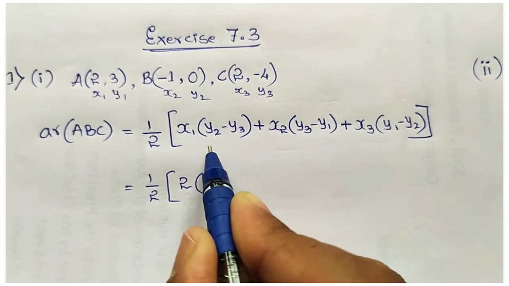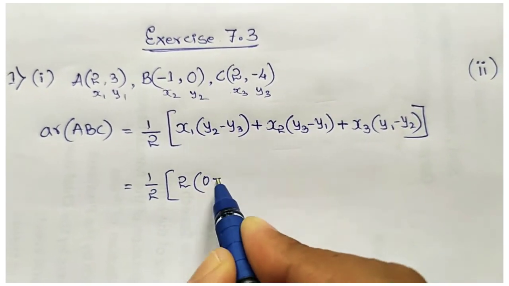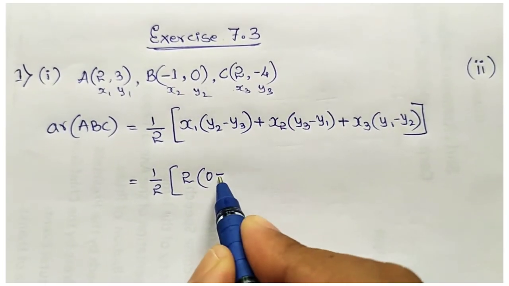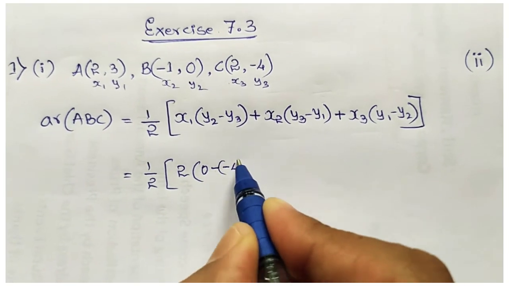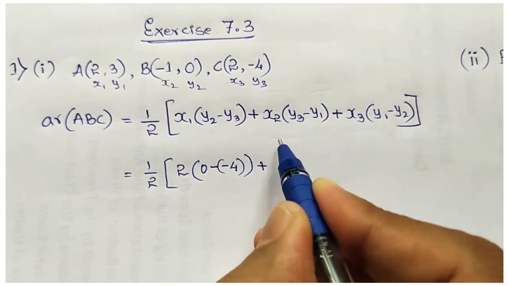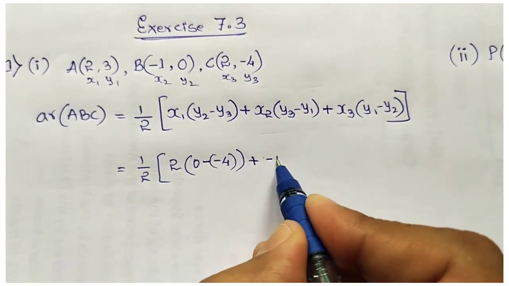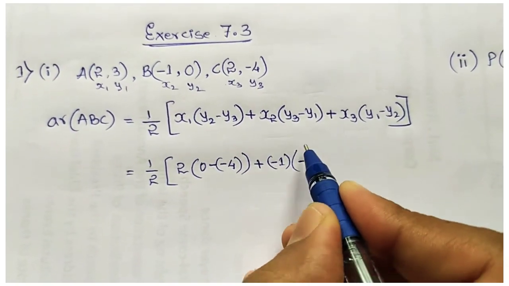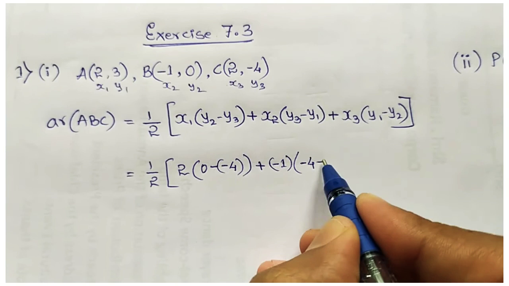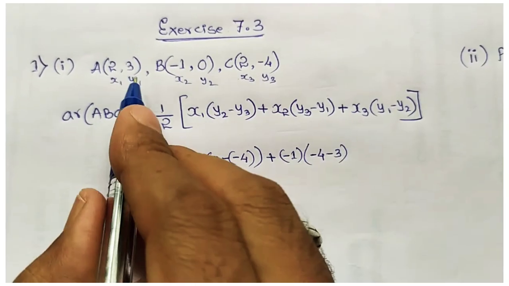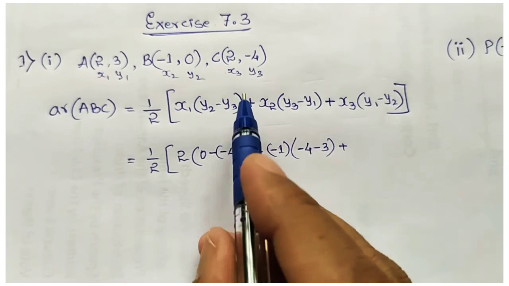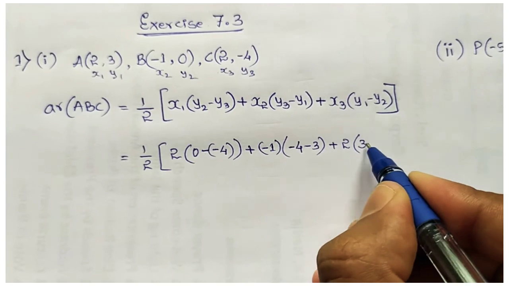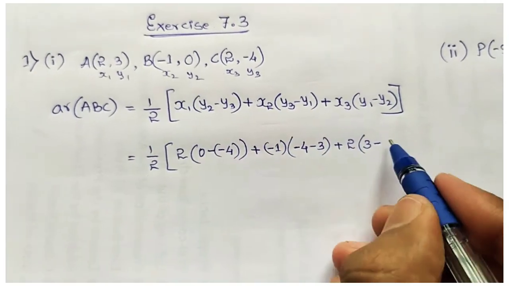So here y2 is 0 and minus is there, y3 is minus 4, so you write minus of minus 4, bracket close, plus x2 is minus 1, so keep it in bracket. y3 is minus 4 minus 3, because y1 is 3, plus x3 is how much? 2. y1 is 3 minus y2 is 0.